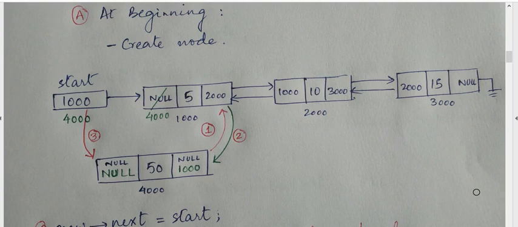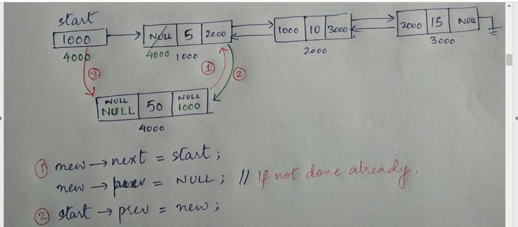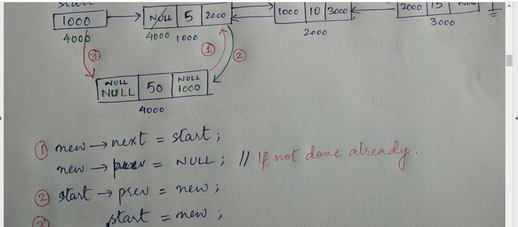So this is your add at the beginning. Now, your step one makes your new node point to the first node. The address of first node is 1000. So in new to next we put start. If you see, start has the value 1000.